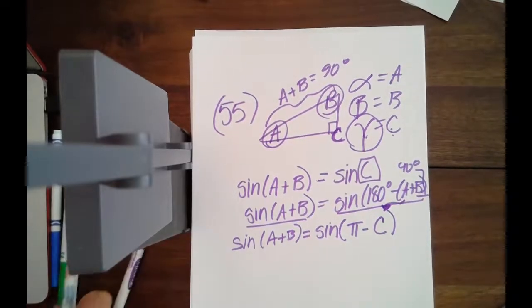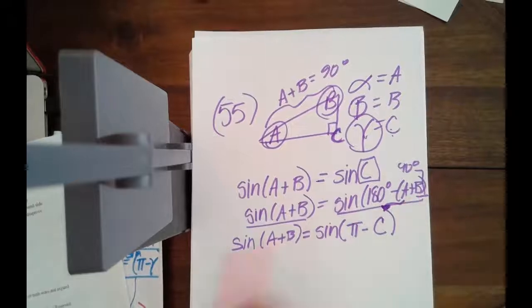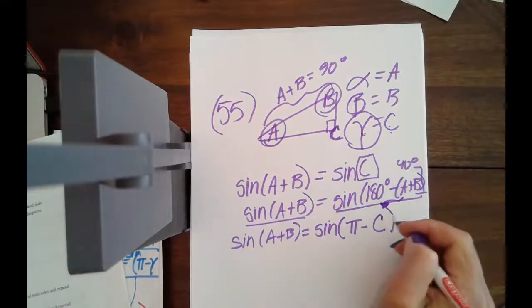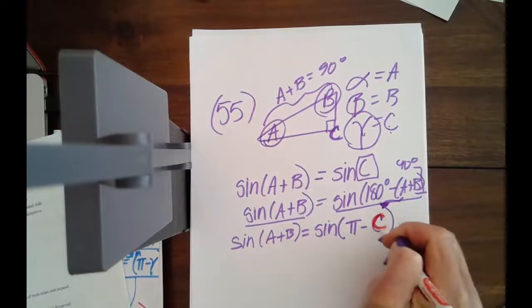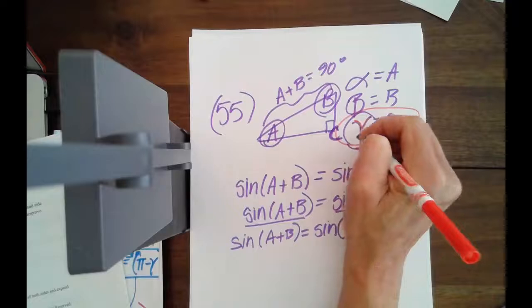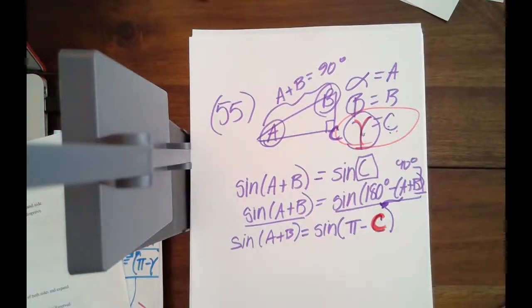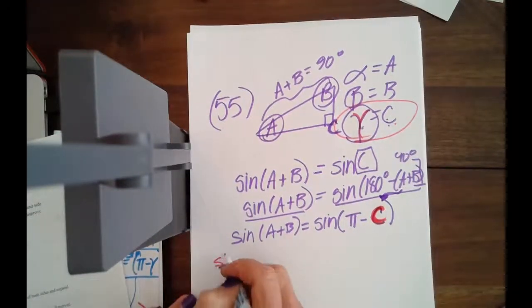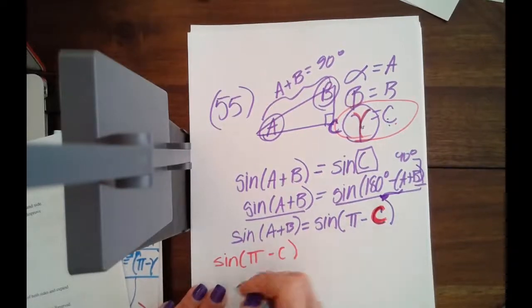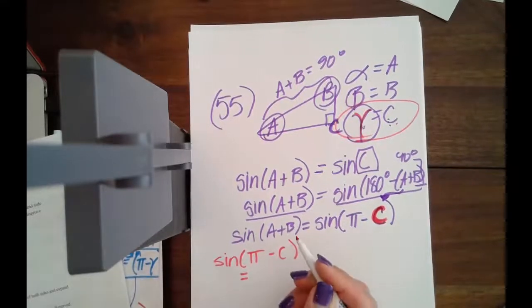Okay, so A plus B is 90, we know that, and we know that this is 90. So we can just replace A plus B with C, because remember, they want us to do it in terms of this little symbol, which we switched to C. All right, so here's what we're going to do. We're just going to take our expression and expand it based on the sine function.